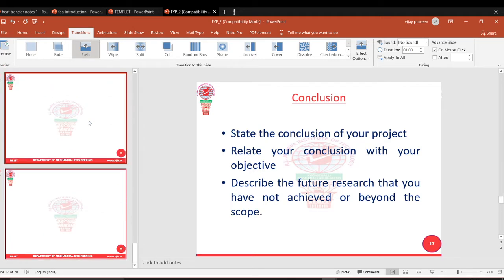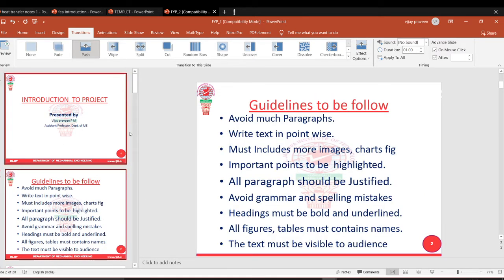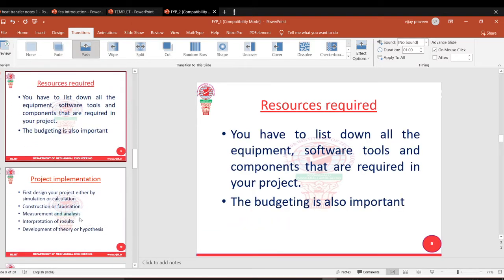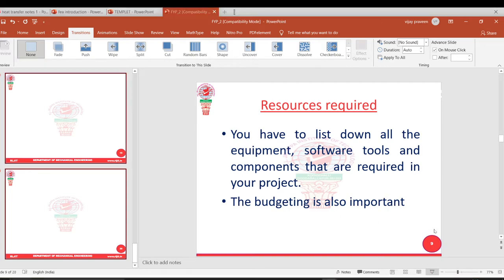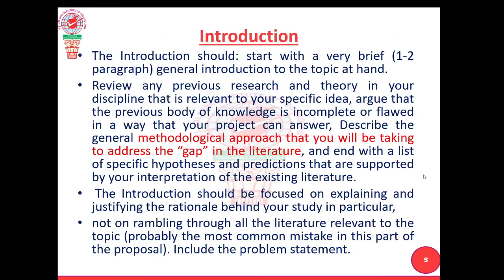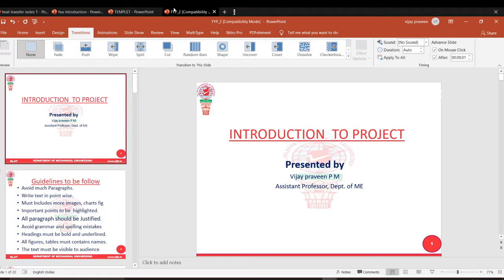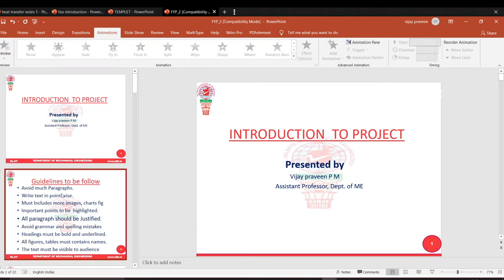Press Control A, or manually hold the control button and select each one, but it will take time. If you press Control A, all the slides are selected automatically, and you set it to none. Then the star mark goes off. That means now it becomes a static PPT. See, now there is no animation. So this is about the transition. Now let's come to the animation. This is also quite interesting.